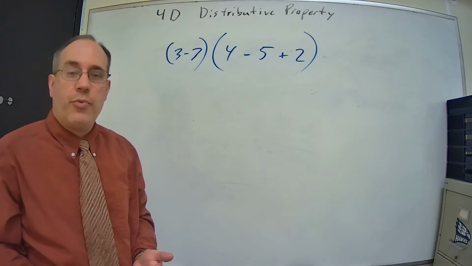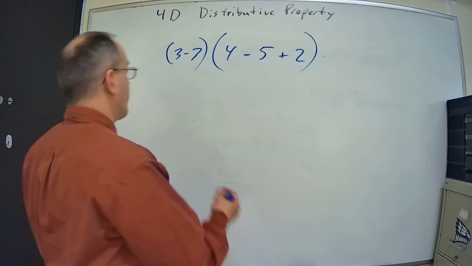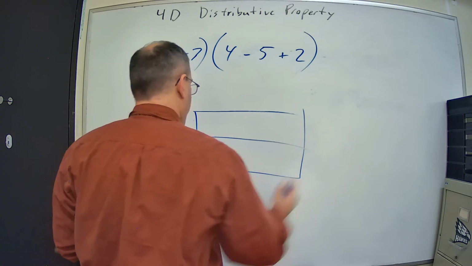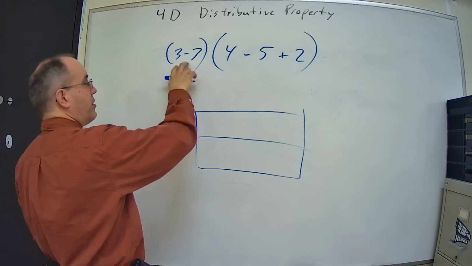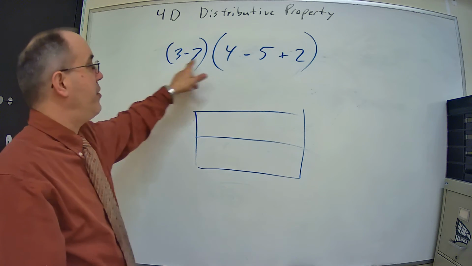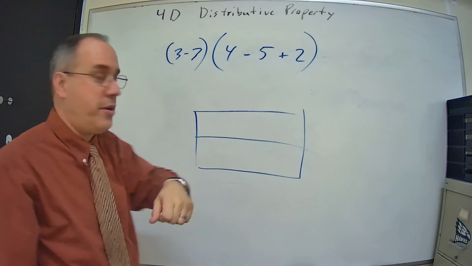Well, another method we can use is we can build a table. I have 2 terms and I have 3 terms, right? I have 3 things separated by an operator, and I have 2 things separated by an operator.